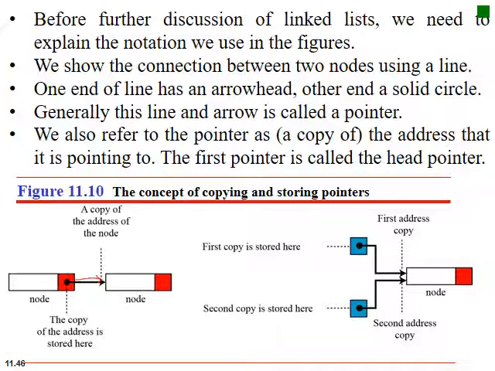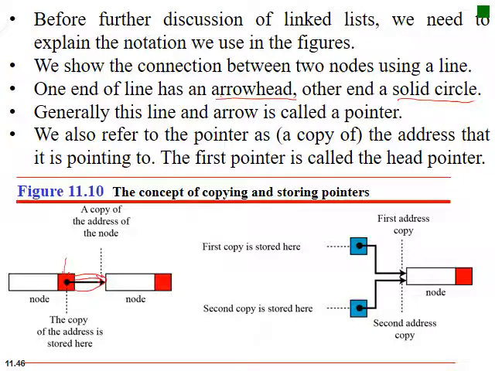As we said, one end has an arrowhead to show which new node it is pointing to, and the other end has a solid circle. That solid circle shows where the arrow points from, and generally this line and arrow is collectively called the pointer. That entire thing over there is the pointer to the next node.